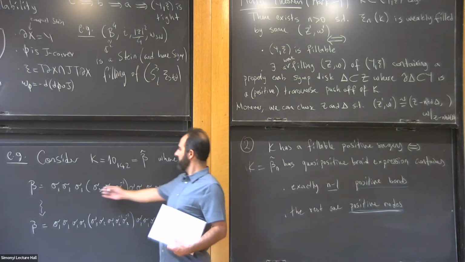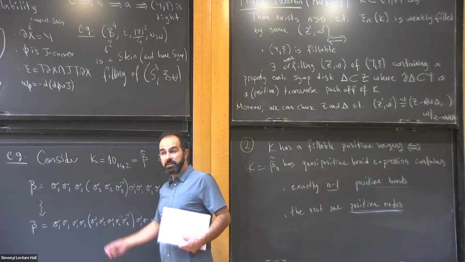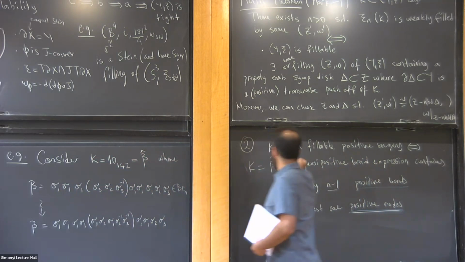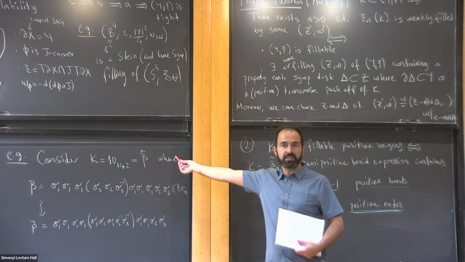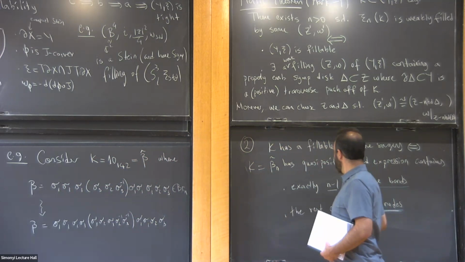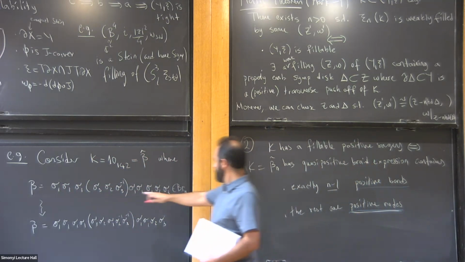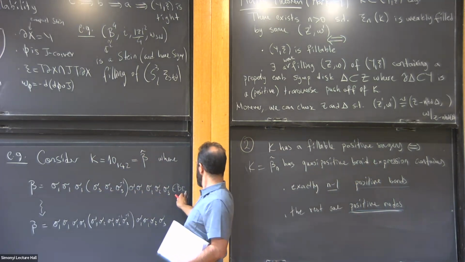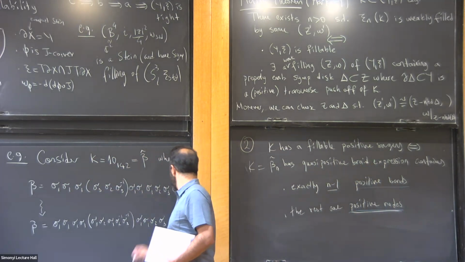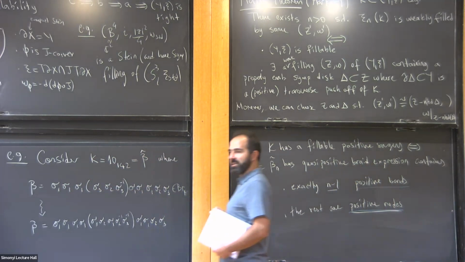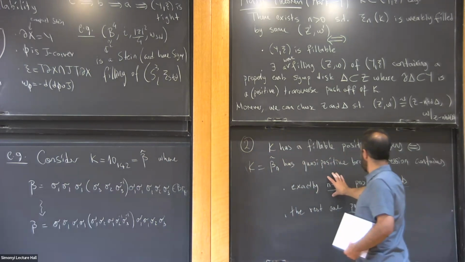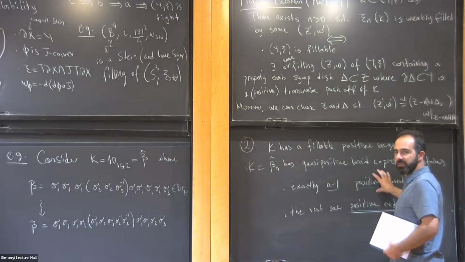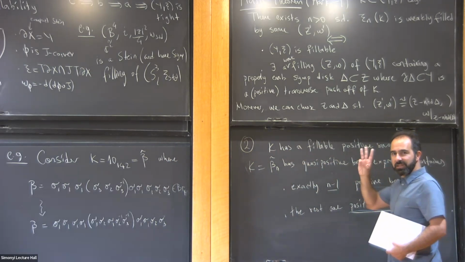So I look at this and I would like to say whether this is in a form acceptable to my taste, so that I can certify that some positive surgery on that knot is fillable. Well, remember that this is a 4-stranded braid, right? So in particular, to apply my theorem, the number of positive bands has to be exactly 3.